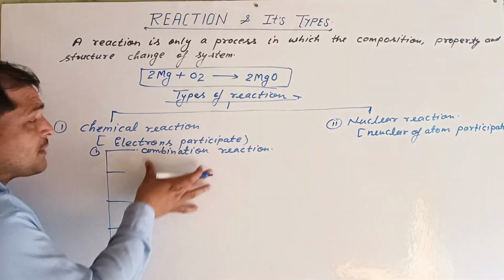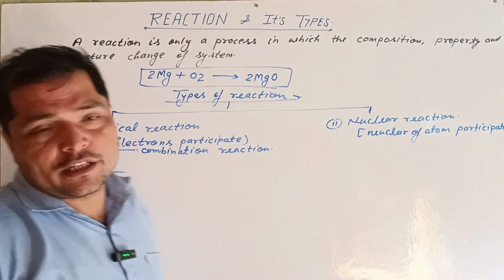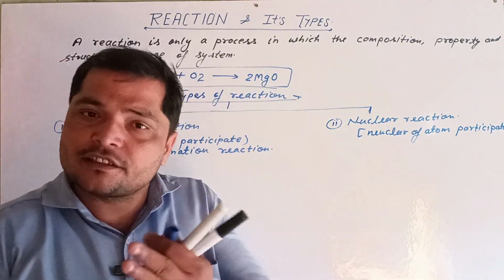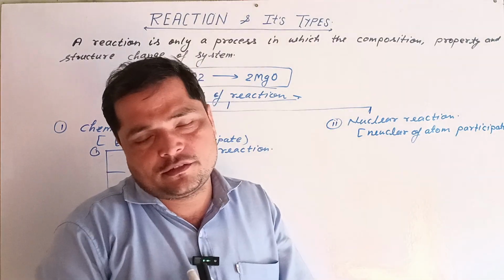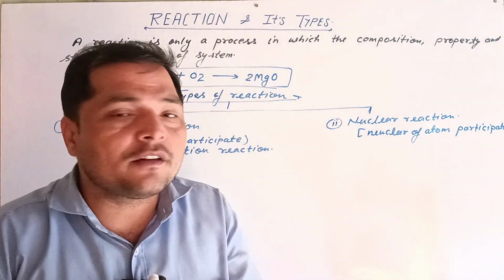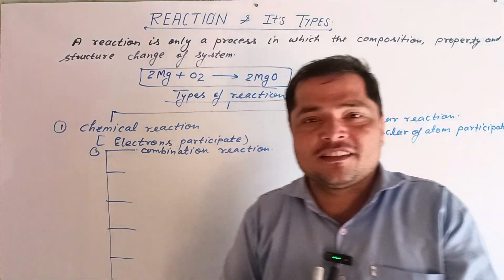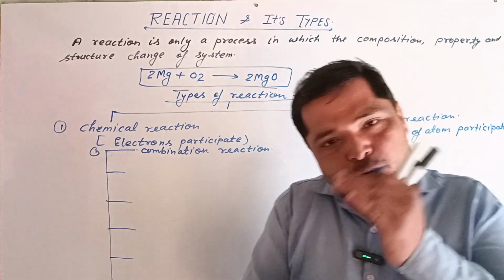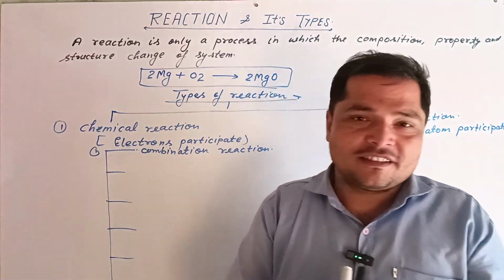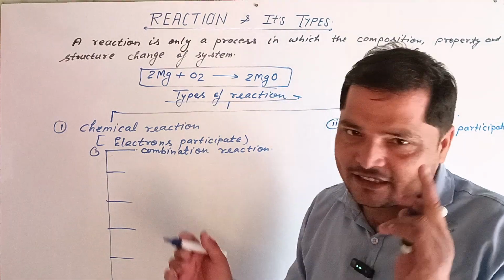It is a type of chemical reaction in which two or more reactants combine with each other to form a new product. And the property, structure, and composition of the new product are different from the reactants.